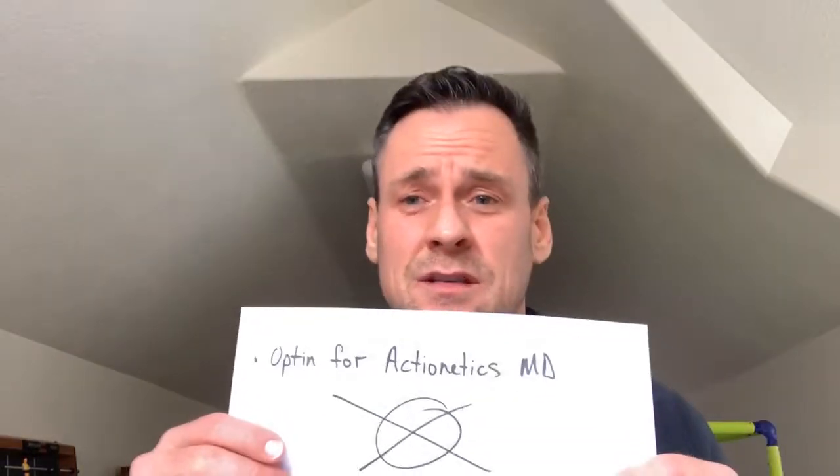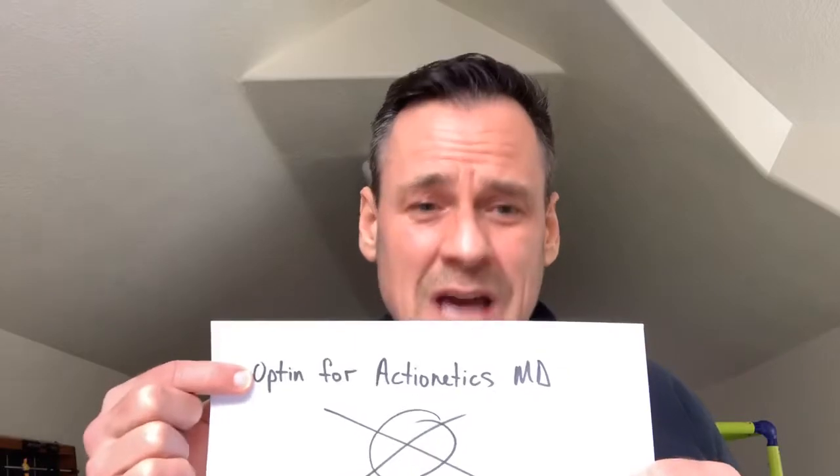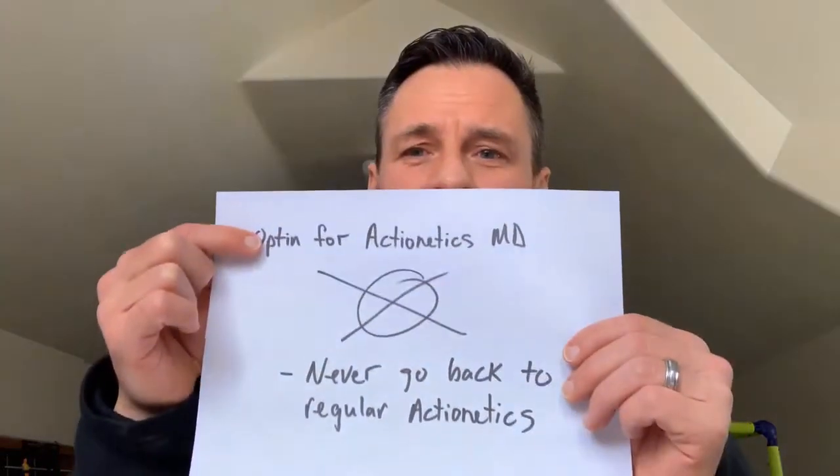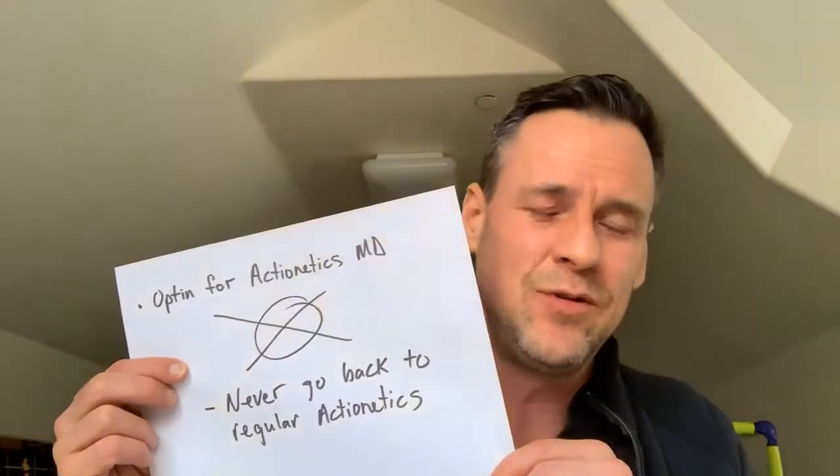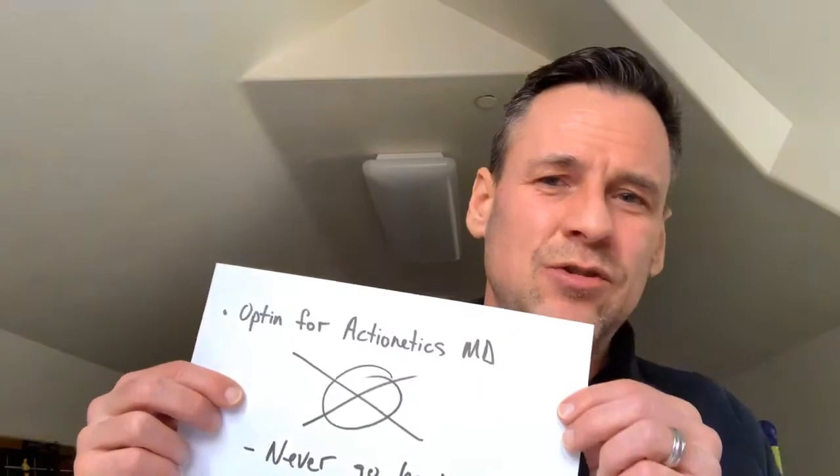Here's a zinger. This is something you've got to know, or if you don't know this, you might not be able to make the right decision. Why do I know that? Because here's the deal. If you decide that you want to do this Actionetics MD, guess what you cannot do? You cannot go back to regular Actionetics. You just became a lifer to something that became exponentially more expensive.